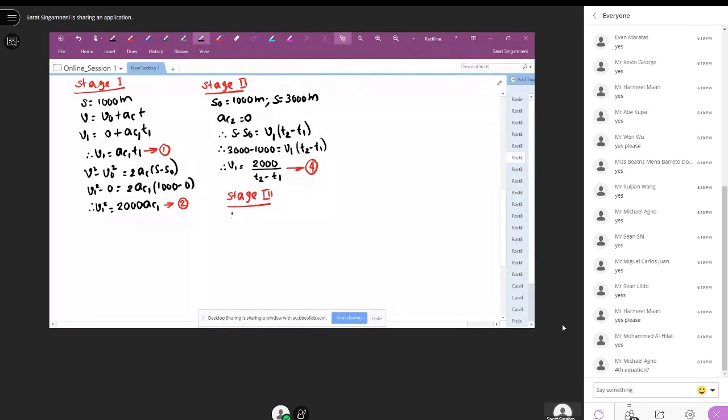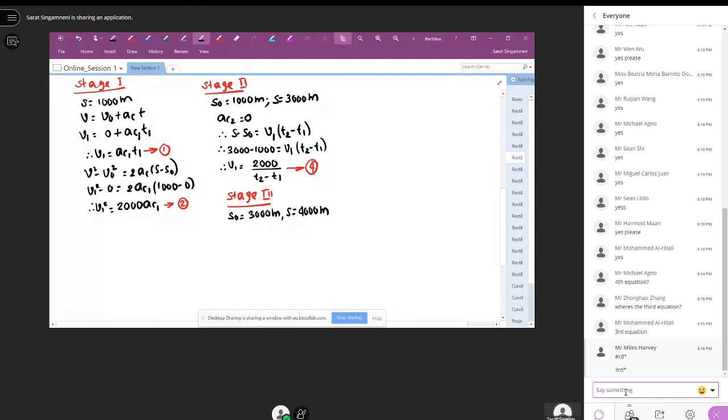In stage 3, S0 is equal to 3000 meters because we are starting from there. And final S is equal to 4000 meters because it is traveling for another kilometer in stage 3. V equal to V0 plus ACT. The final velocity at the end is equal to 0, is equal to the starting velocity, which is nothing but V1 because it continued with uniform velocity during stage 2, plus, let us call this AC3, the deceleration, times the total time.